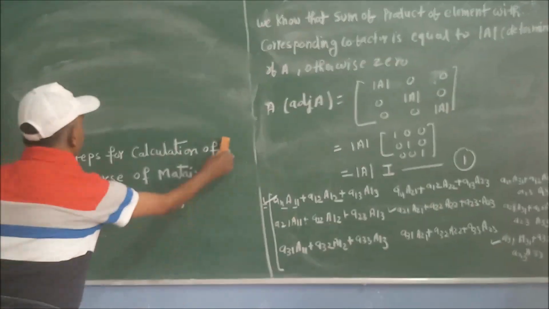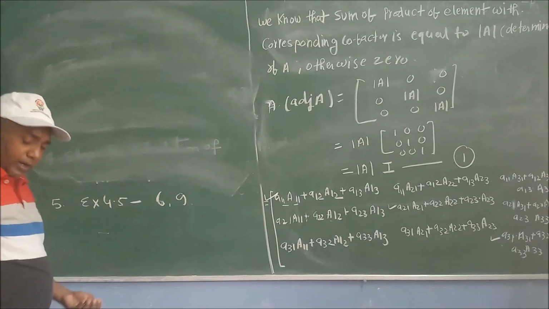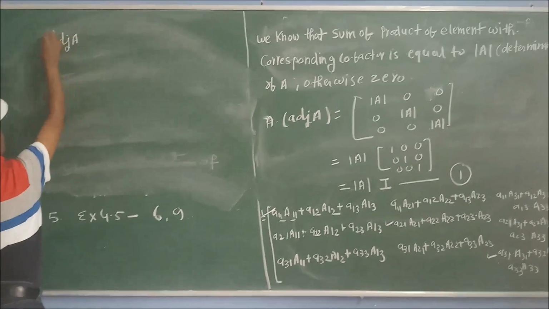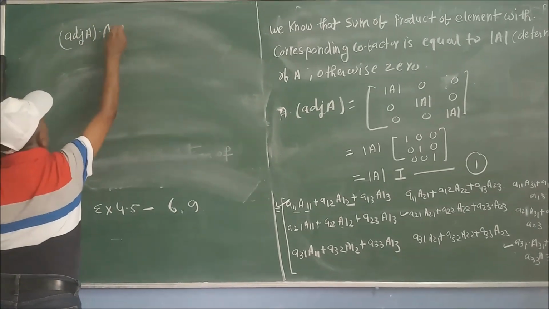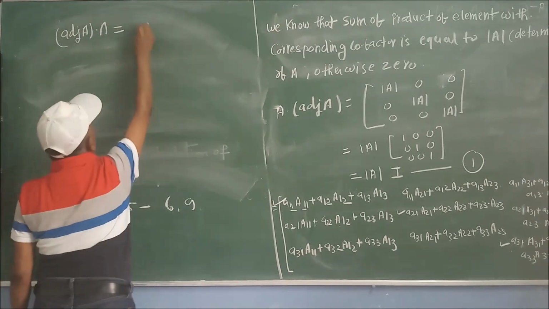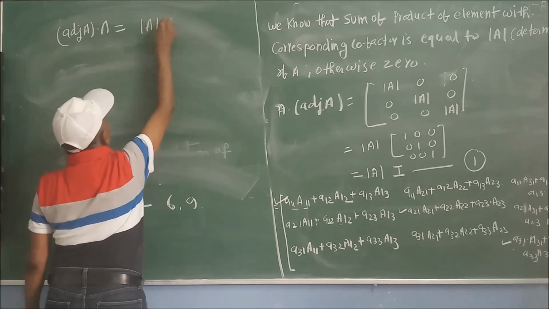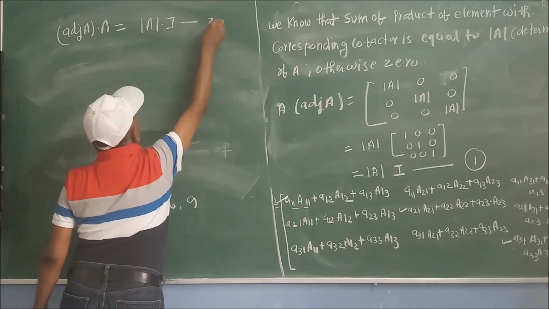And after that, similarly, if we take adjoint A into A, this can also be proved equal to determinant of A into I, equation number 2.